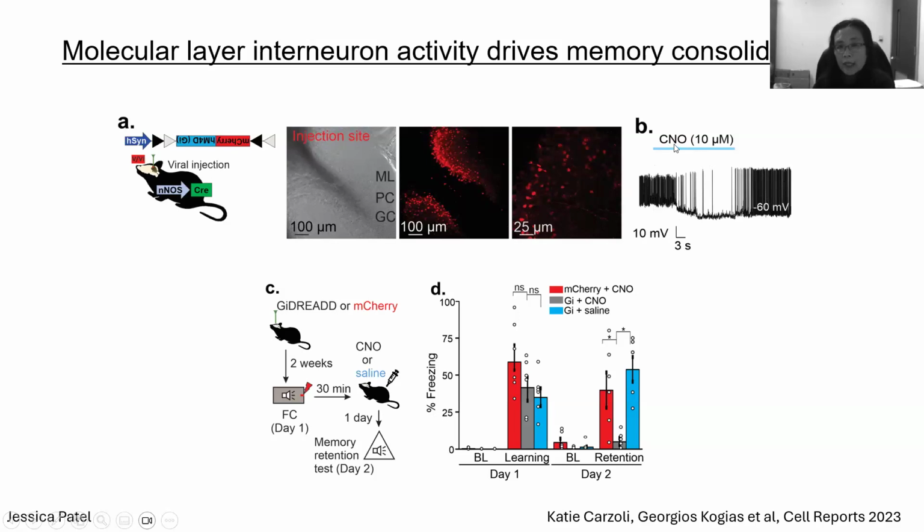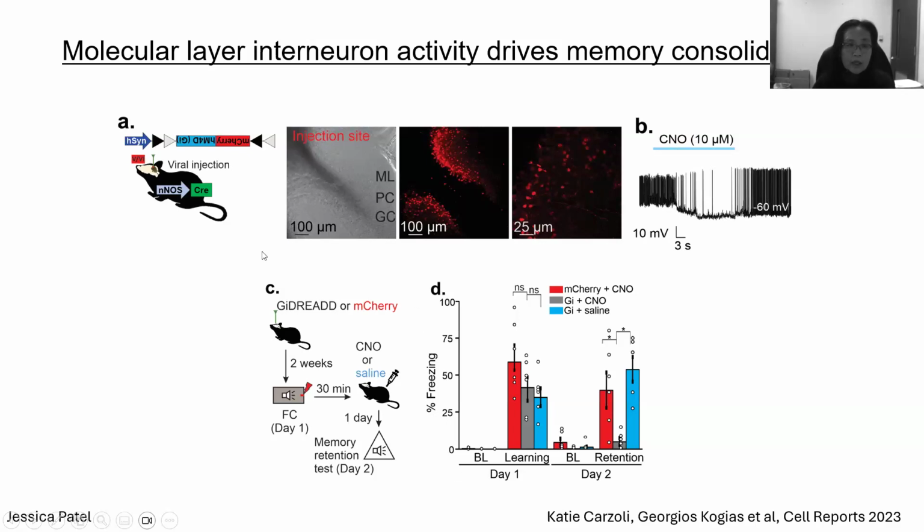And the application of CNO will cause a membrane hyperpolarization. You can see the membrane baseline decrease, and also silence the stellate cells. So stellate cells no longer fire action potentials.